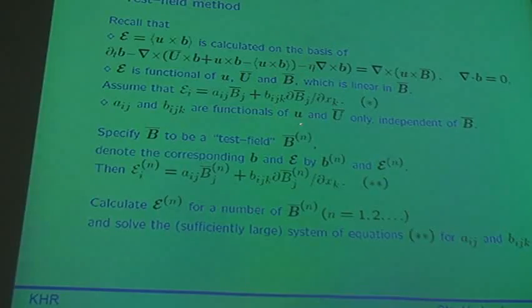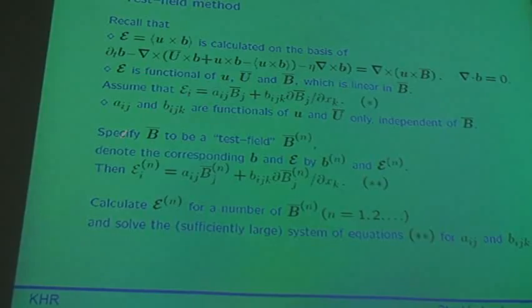And in this functional sense, it is linear in B bar. That means I can write down this relation where the Aij and Bijk depend on U and U bar, not on B, at least not in the functional sense. They can depend on B via the U and U bar.